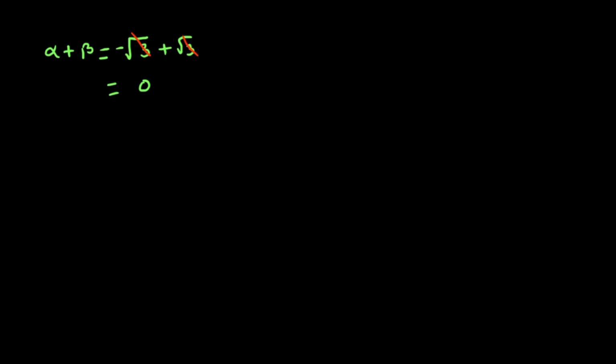Generally, in the previous problem I already explained what alpha plus beta is. Alpha plus beta is minus b by a. First we must note down this minus b by a. What does minus b by a mean? That is minus x coefficient by x square coefficient. Now we check what minus b by a is in the problem on the previous page.